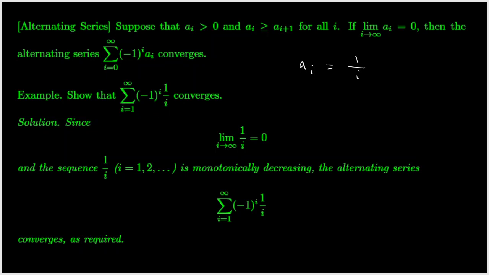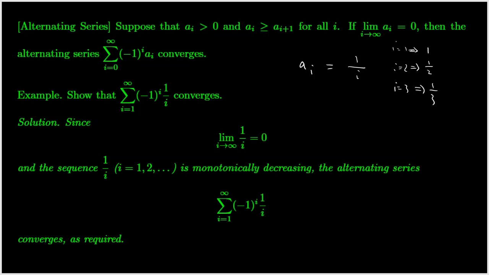An i value of 1 determines a term, which is 1, right? And then an i value of 2 determines a term 1 over 2, and likewise an i value of 3 determines a term 1 over 3, and so on.